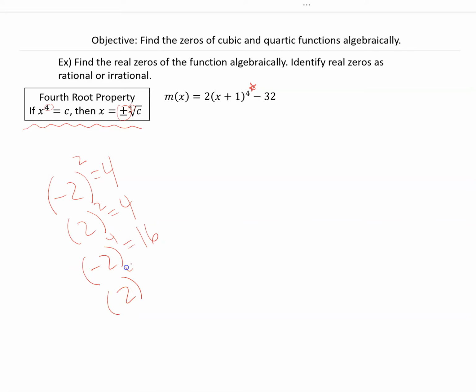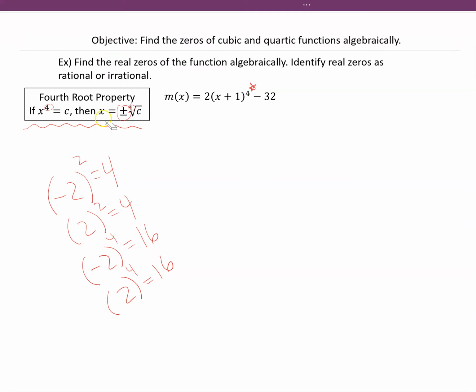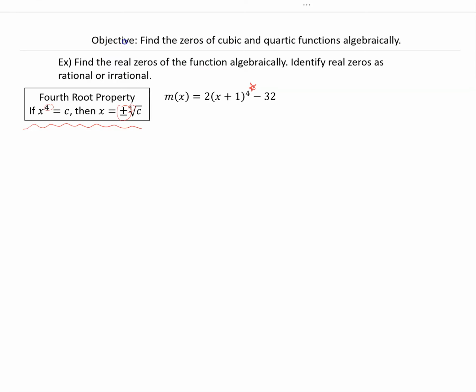If I take positive 2 to the 4th power, I still get 16. And so I account for that in my algebra solving by including the plus minus, which gives me the positive and the -2 as my answers if I were doing my reverse, undoing algebra. All right, so here I would let my m of x be 0.